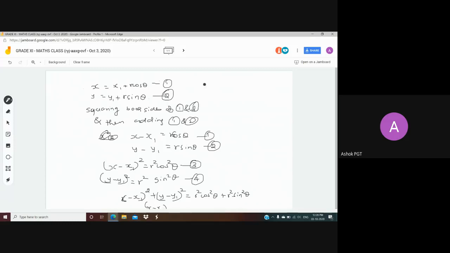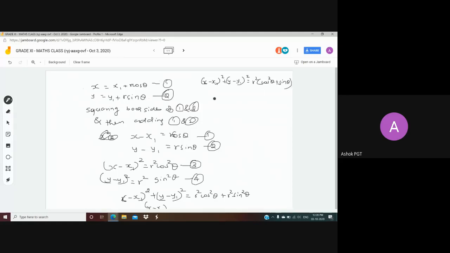So I'm not able to write it here. I will write it here. x minus x1 whole square plus y minus y1 whole square is equal to, when I take r square as common, cos square theta plus sine square theta.